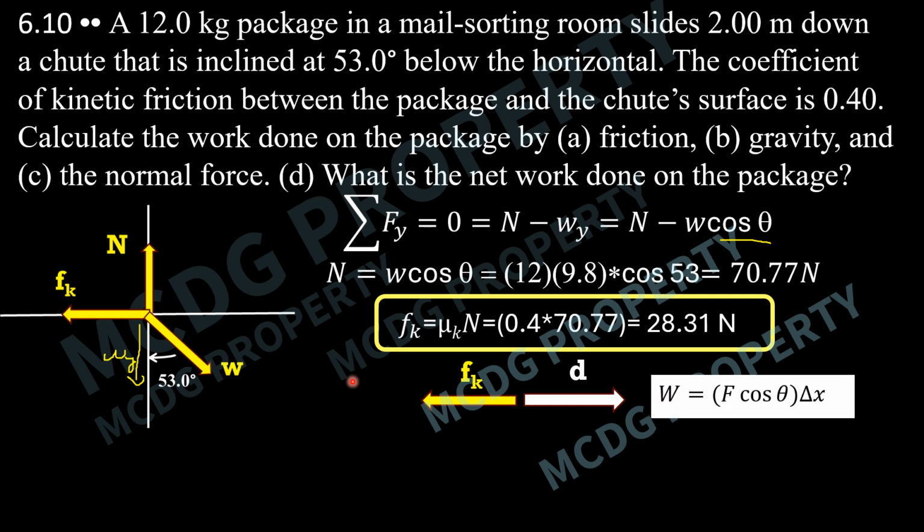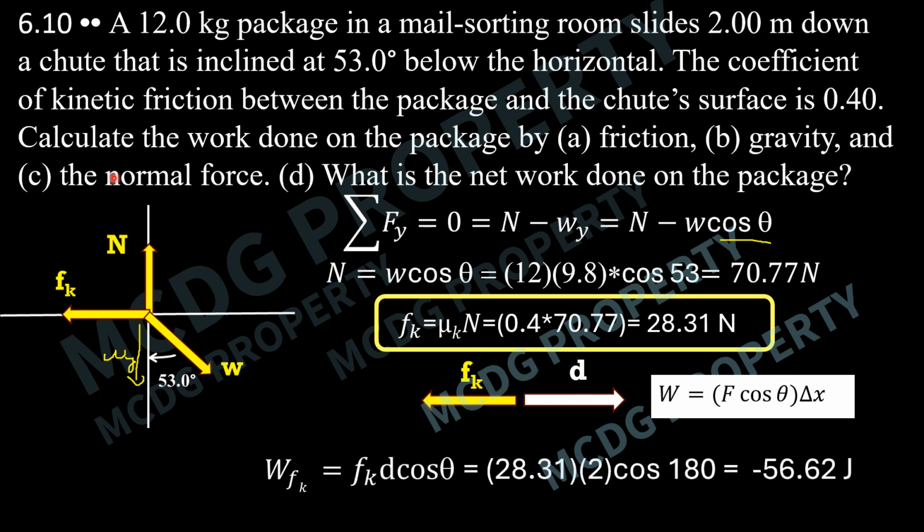Using the equation for the work done by a constant force, the work done by a constant force is equal to F cosine theta times delta x. In this case, delta x is d, and theta is 180 degrees, the angle between friction and the displacement. So we can substitute the given values.